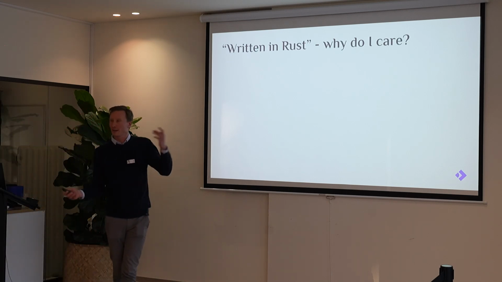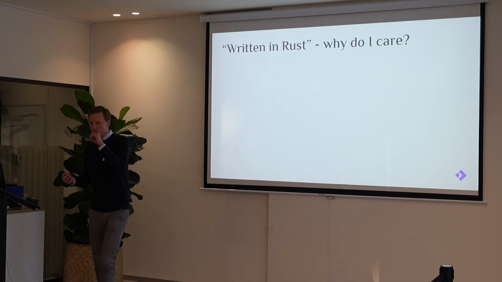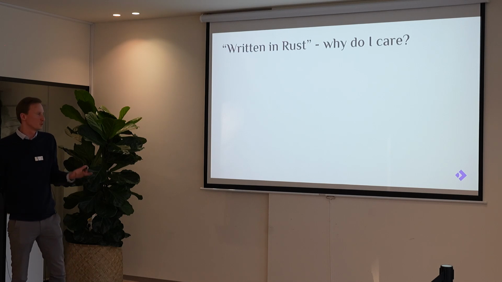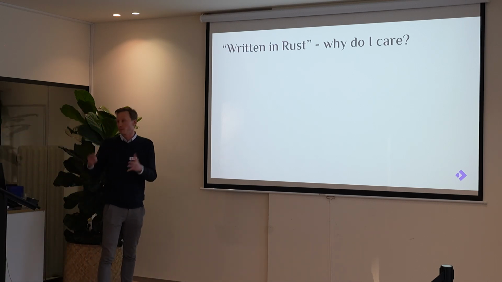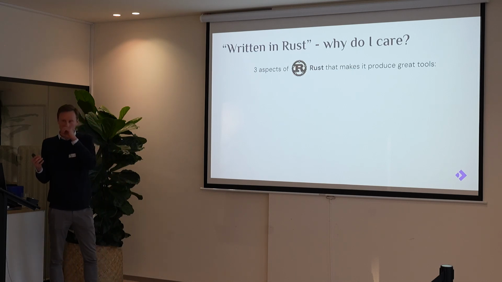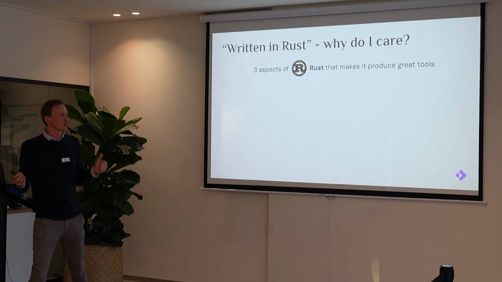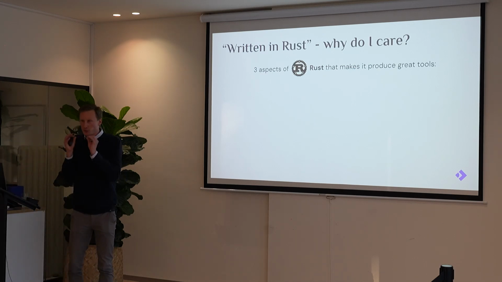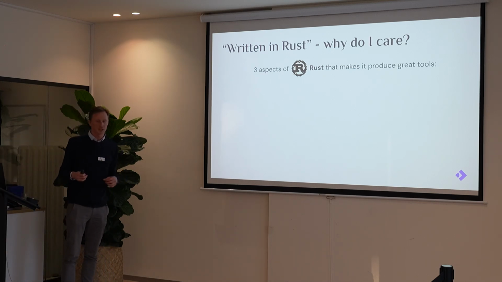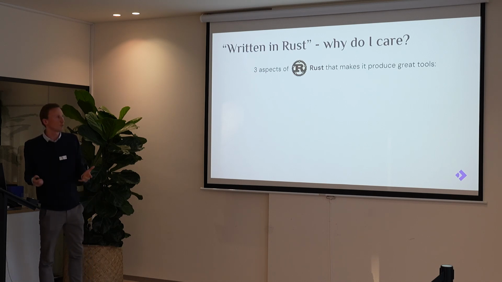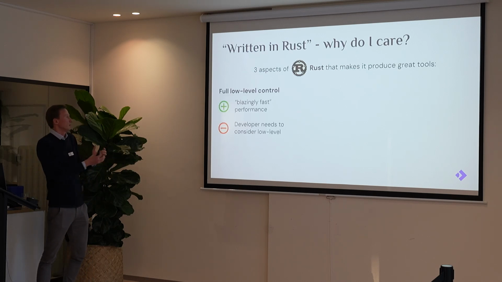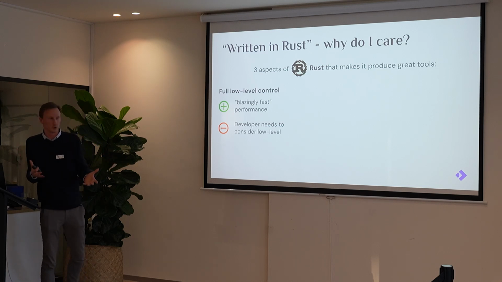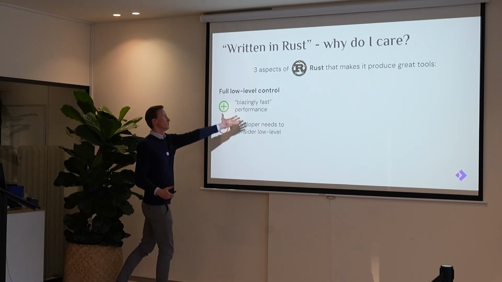So indeed, Rust, the programming language, has a reputation for producing tools that are fast, and I think that's also partly one of the advantages of Rust. But in general, why do you care that something's written in Rust? Well, I think there are 3 aspects of the Rust programming language that make it produce great tools. One of those aspects is that it allows for full low-level control, which is what enables this fast performance.